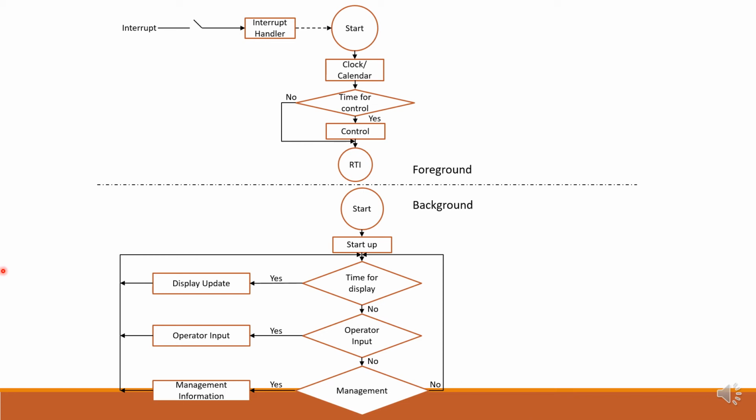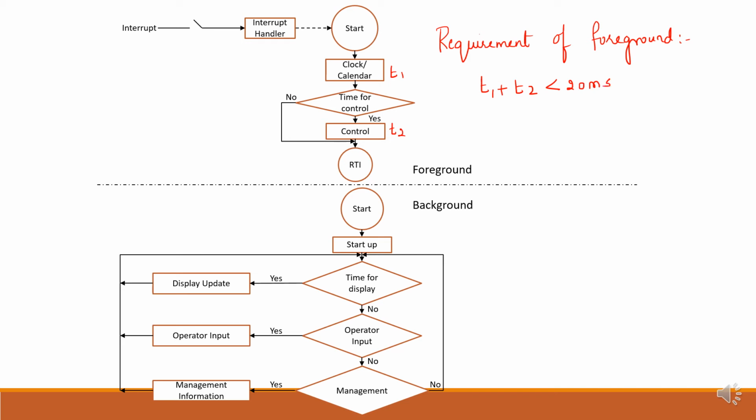So now we need to write the requirement for foreground. So what is the requirement for foreground? As we wrote the requirement for single program approach, we need to write the requirement for foreground tasks. So considering T1 is the computational time for clock or calendar, T2 is the computational time for the control module, we can mention that T1 plus T2 less than 20 milliseconds.